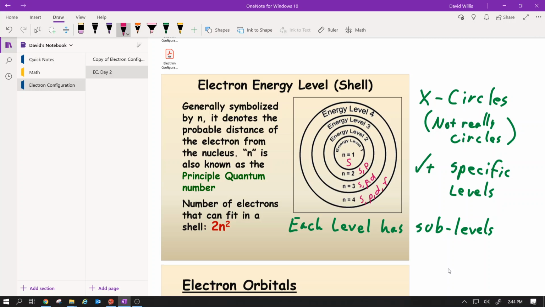So each level has sublevels, and those sublevels are S, P, D, and F. And then I'm going to tell you that each sublevel contains orbitals.